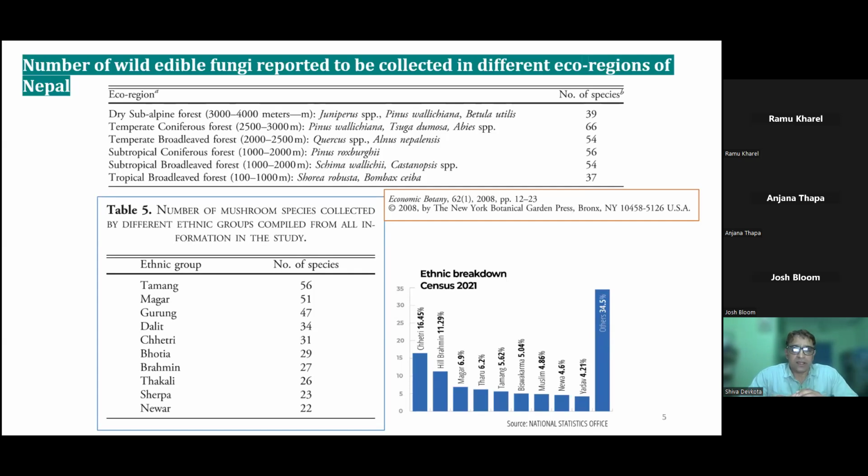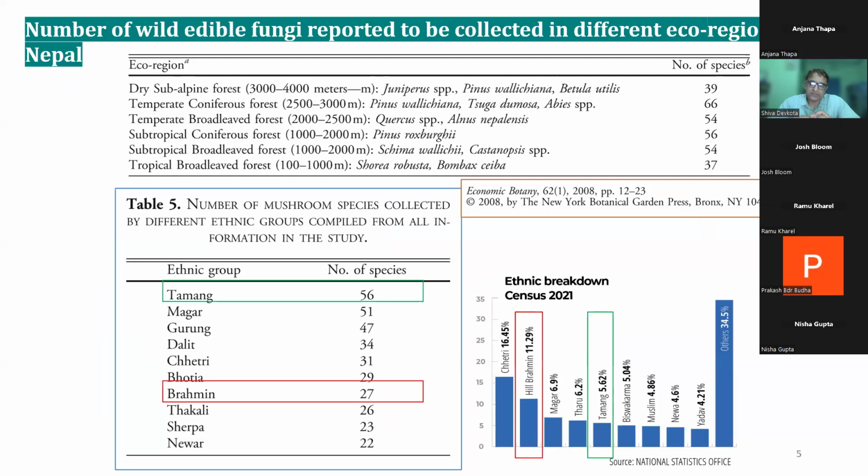And if we look at the 2021 Nepal census, the Tamang community represents only about 5.5%, and the Brahmin community represents 11%. But if we look at their mushroom consumption behavior, Tamang people consume 56 different species of mushroom in Nepal, whereas the Brahmin community consumes only 27 different varieties.